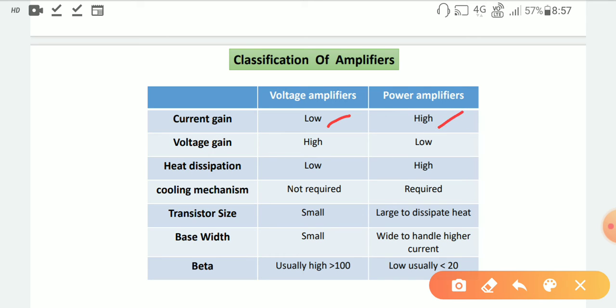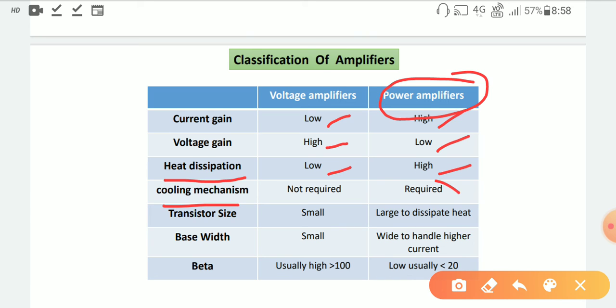Heat dissipation is low for the voltage amplifier but high for the power amplifier. That means for the power amplifier, due to heat dissipation, a cooling mechanism is important, and it is required.